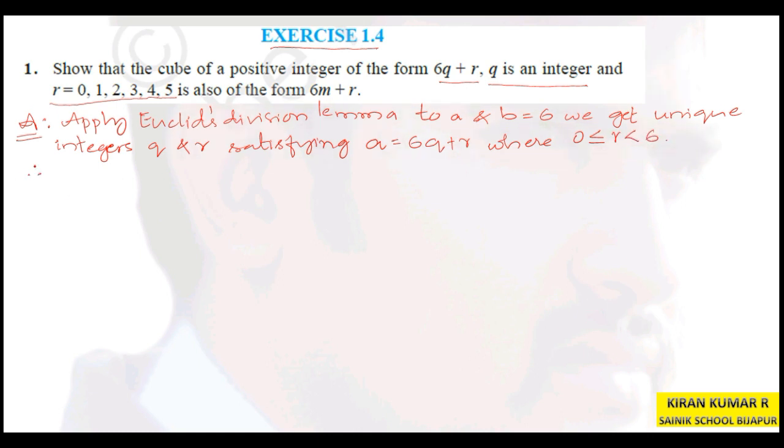Therefore, possible values of r will be 0, 1, 2, 3, 4 and 5.